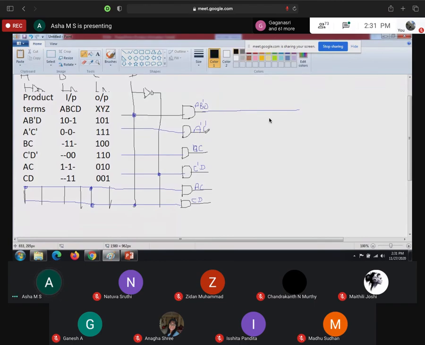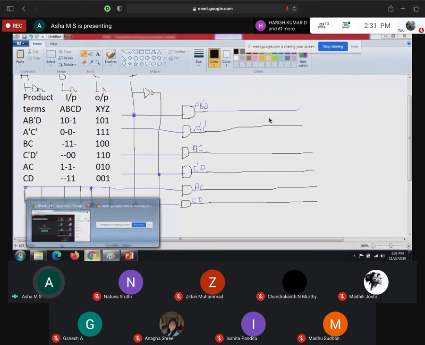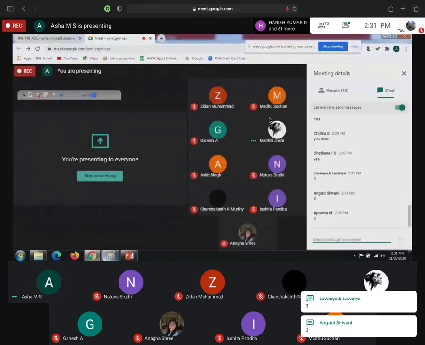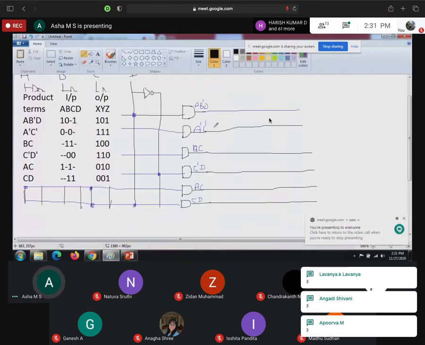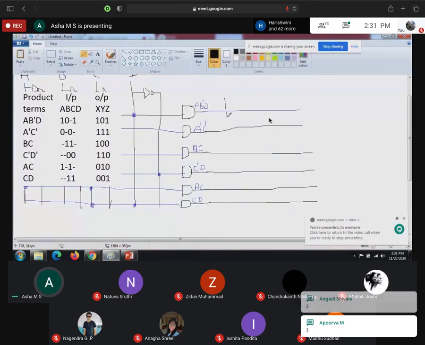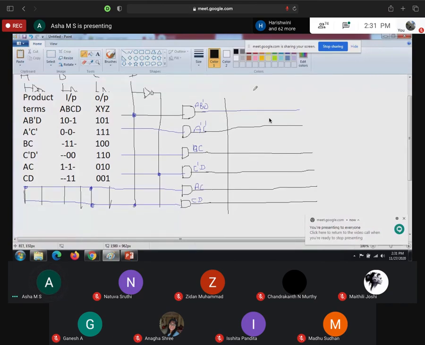Can anyone tell? Correct. Very good. So we require 3 OR gates, one for each output function.